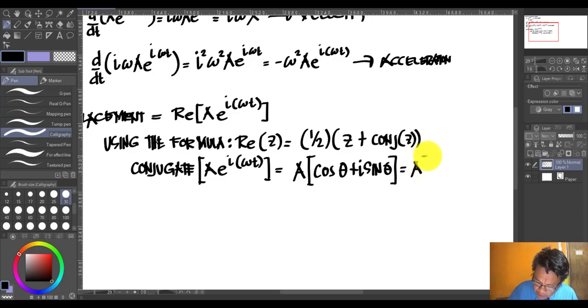So this is now equal to A times cosine of theta, and this will be a negative value, so that will be minus i times the sine of theta. So your i will be replaced by the negative sign. If it is negative, it will become positive when you determine the conjugate of that function.